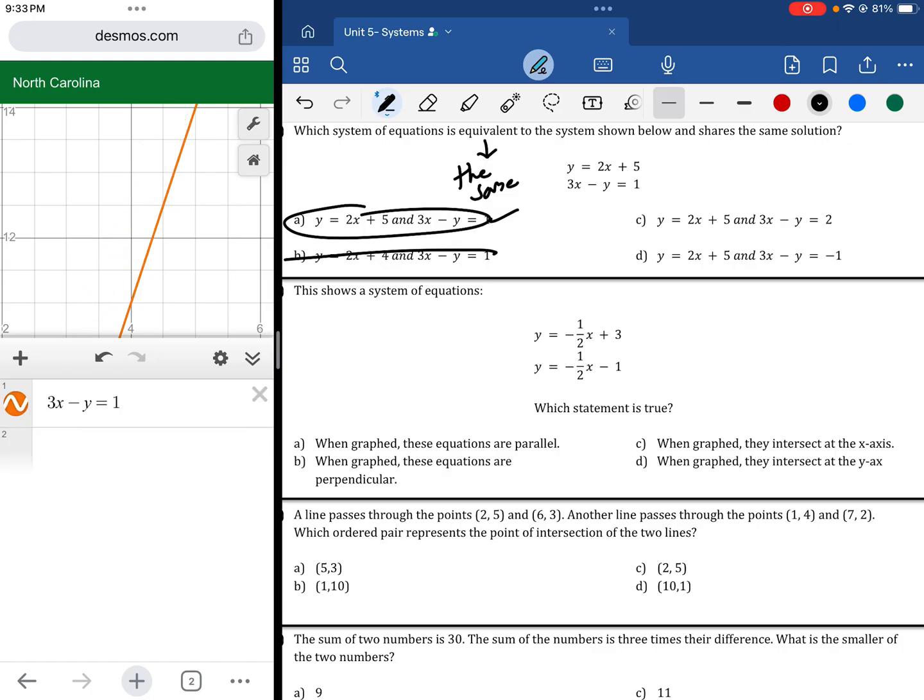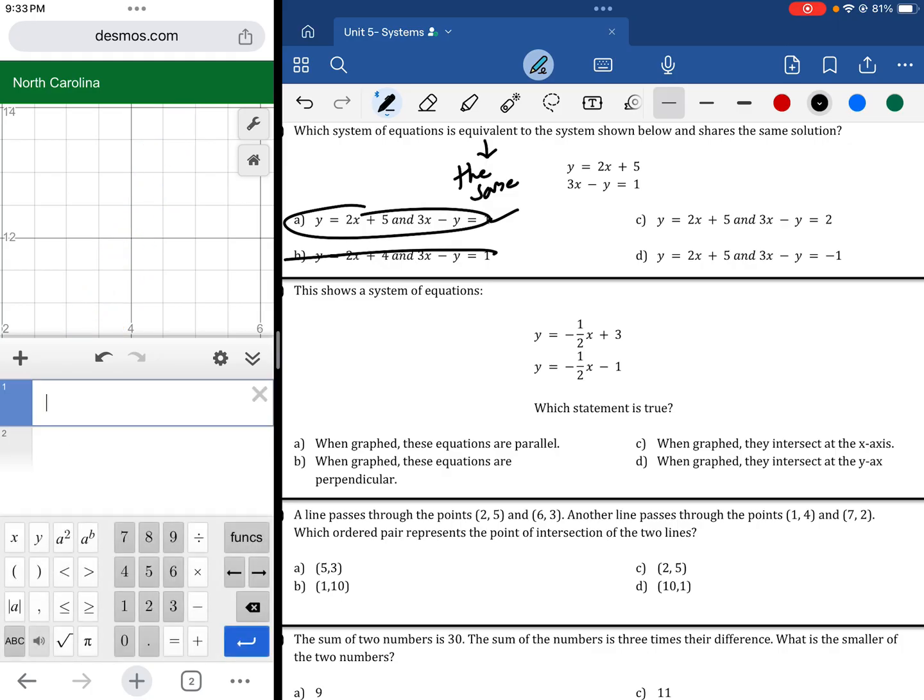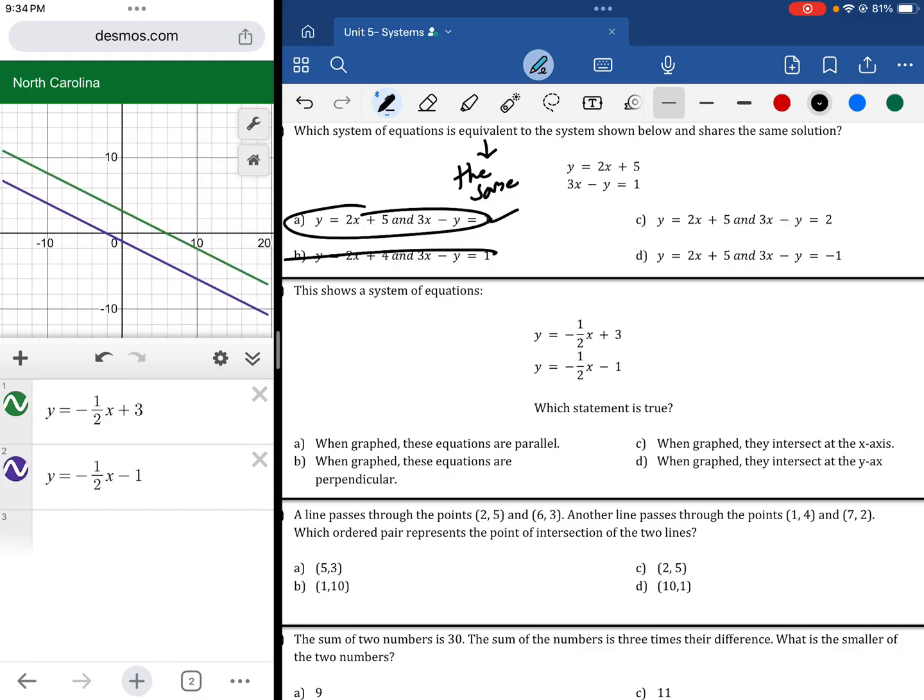What I'm going to do is plug these in Desmos and see what they look like, because we need an image to know what these lines do. So y equals negative 1/2 x plus 3, and then y equals negative 1/2 x minus 1. We may have to zoom around.